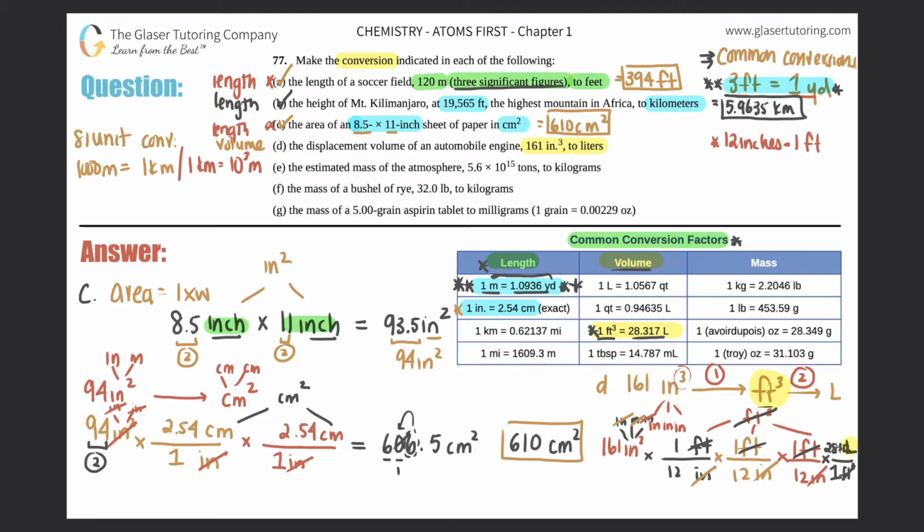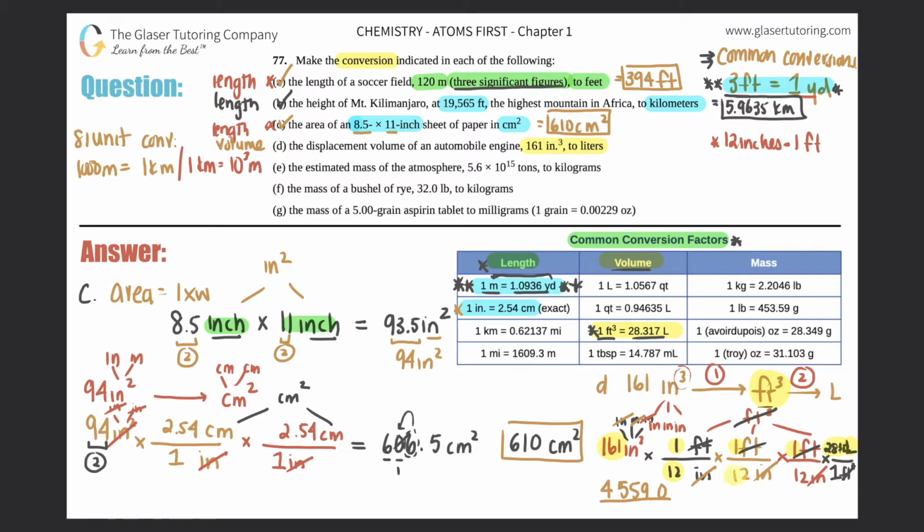So, to simplify this one, you will do 161 times 1 times 1 times 1 times 28.317. So basically 161 times 28.317. So 161 times 28.317, you get roughly 4,559.0 divided by, now you just got to multiply the bottoms together.